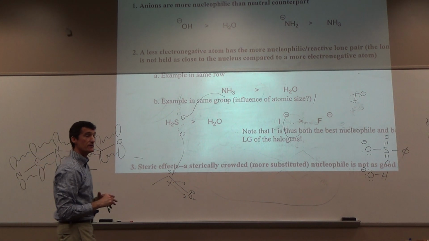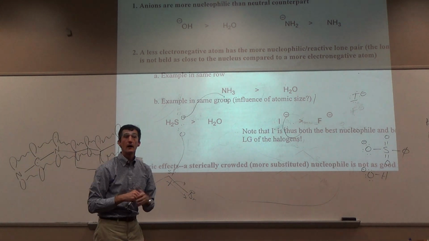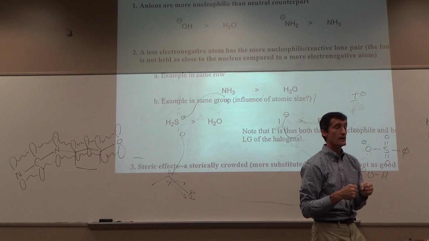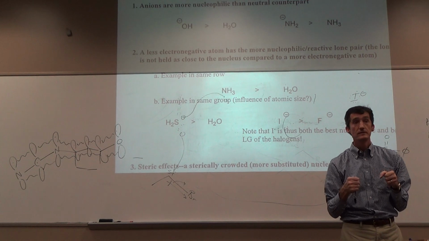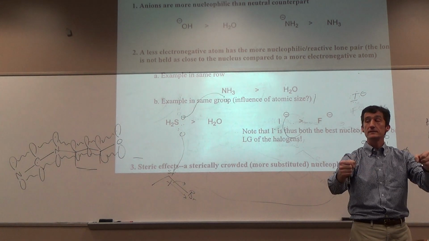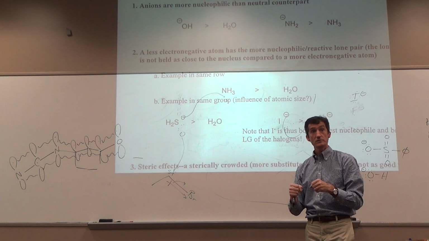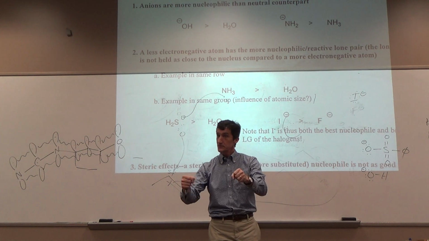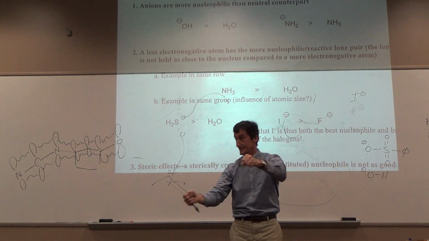It's less electronegative and does what? Which one holds the electrons tighter? Oxygen holds the electrons tighter. Nitrogen, the electrons aren't held as tight. I talked about how oxygen's a better parent, holds the kids tight. Nitrogen lets those kids get out there and do backside attack and stuff.